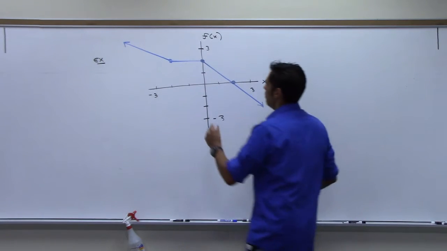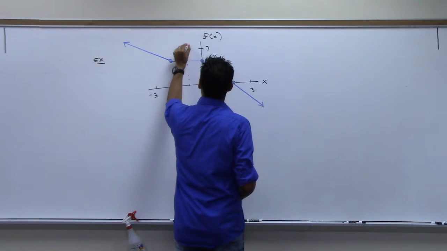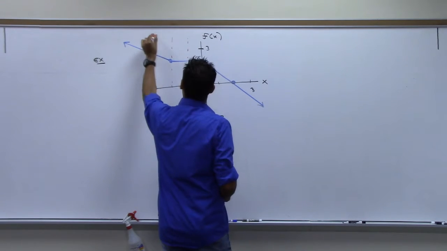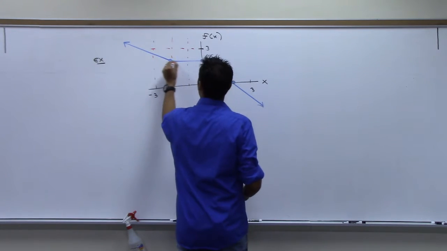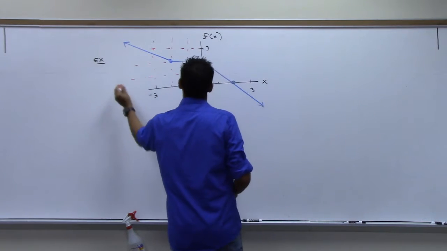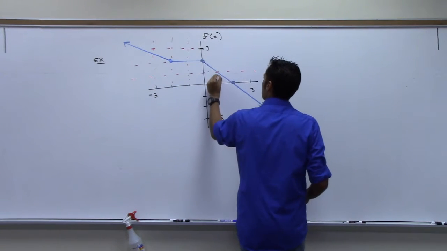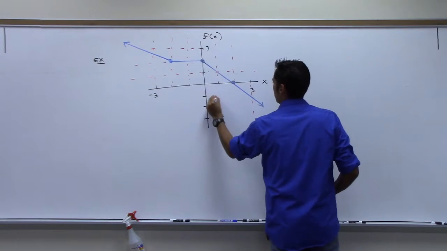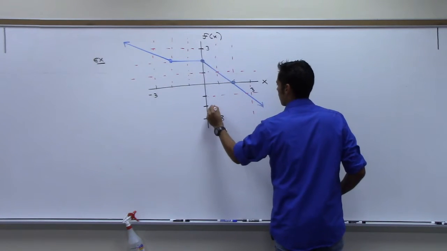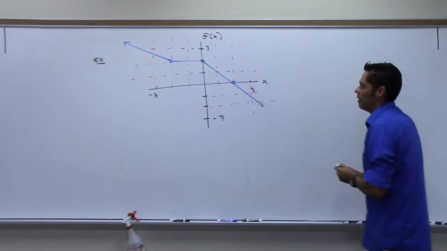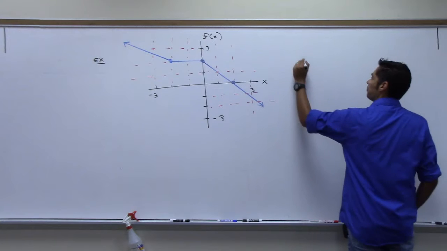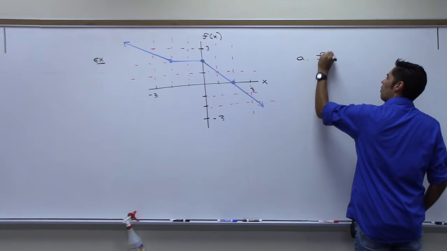Let me draw some little mini grid lines. These are just kind of helping you see where these things are. Good enough. Okay, kind of so you can see things. All right, let me ask everyone right now, what's f of 0?